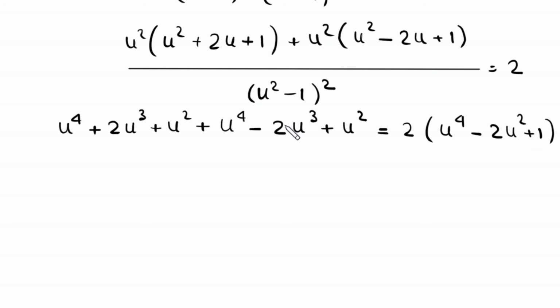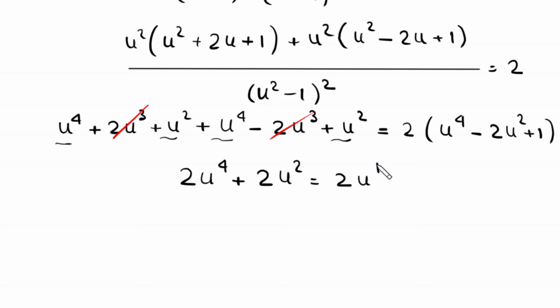On the left hand side, negative 2u cubed cancels with positive 2u cubed, u to the power 4 plus u to the power 4 becomes 2u to the power 4, and u squared plus u squared becomes 2u squared. Equal to, distributing the 2: 2u to the power 4, negative 4u squared, and plus 2.